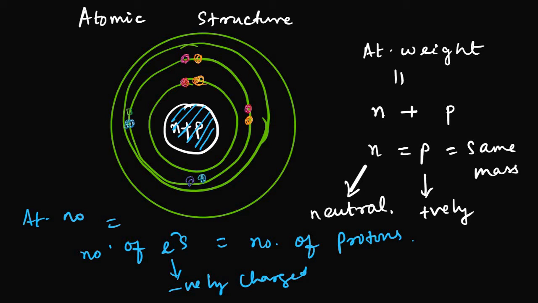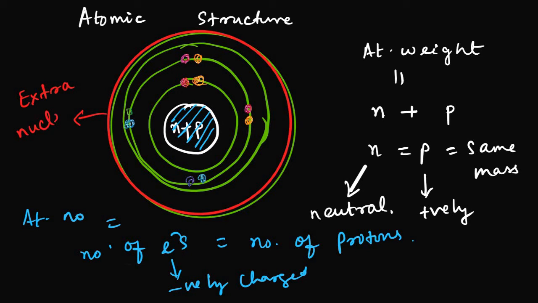I have highlighted the red one, let it be the outer shell of this atom. This is how it looks, and we can call it the extra nucleus, consisting only of the electrons which are in the outermost shells.